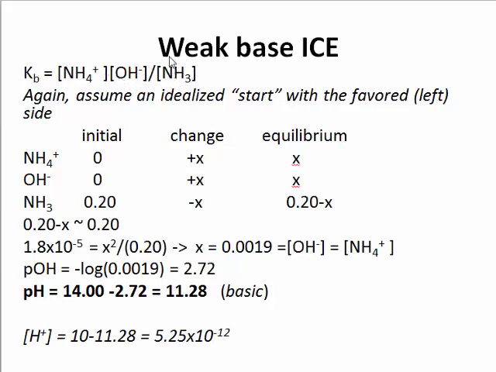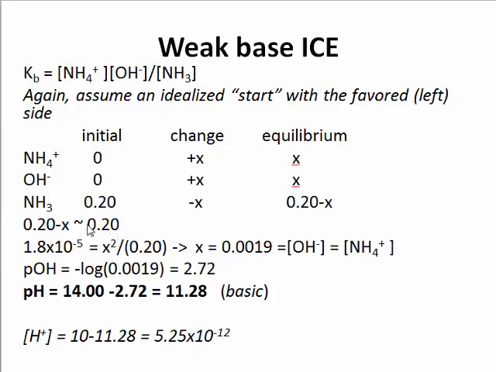Notice water does not appear since it is the solvent. We have an idealized start on the favored side, which is the left. Initial concentrations of ammonium and hydroxide are 0, increased by X. Concentration of ammonia is 0.2, decreases by X. Equilibrium concentrations of the ions are X, related by stoichiometry, and ammonia concentration is 0.20 minus X.